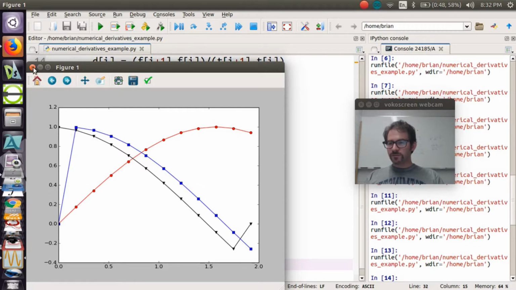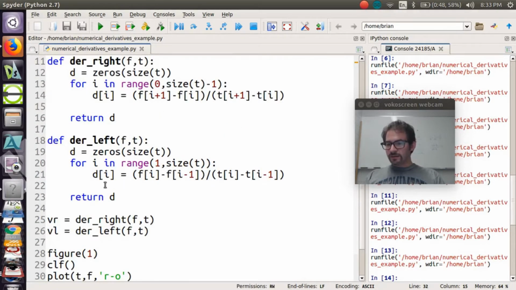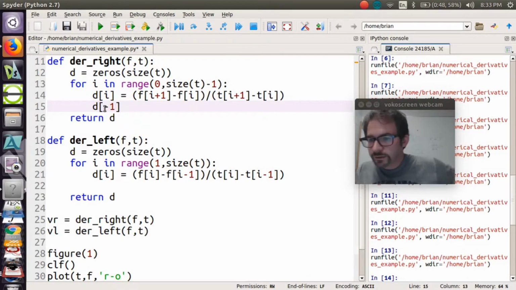We can fix that by using the formula for the left derivative for the first point of the right formula, and the formula for the right derivative in the last value of the left derivative. Can you keep those adjectives straight? Let's give it a try. I'm going to take, in my right function, d of the last point, and we can count backwards, so -1 means the last point.